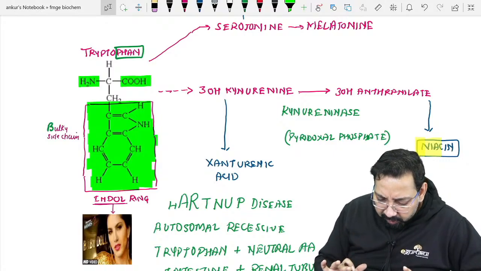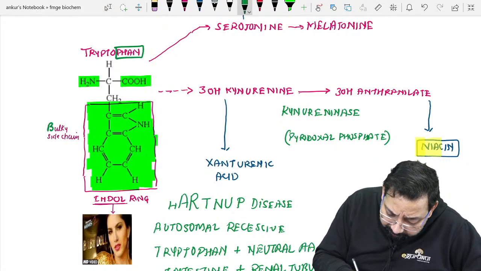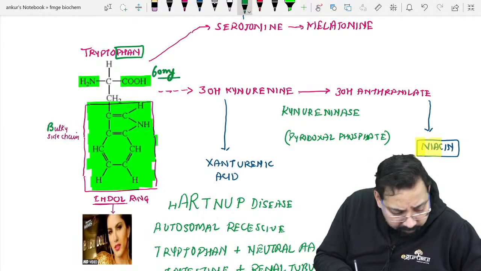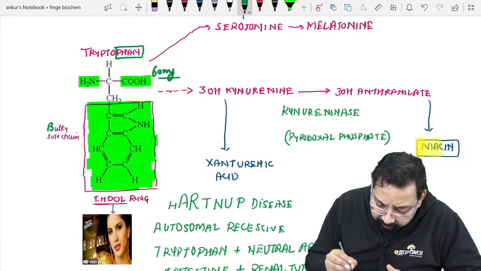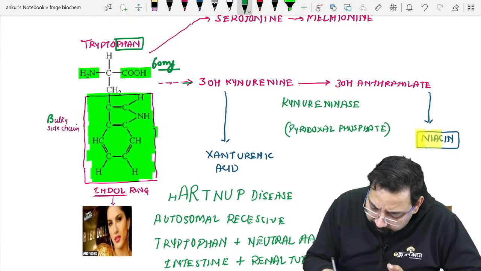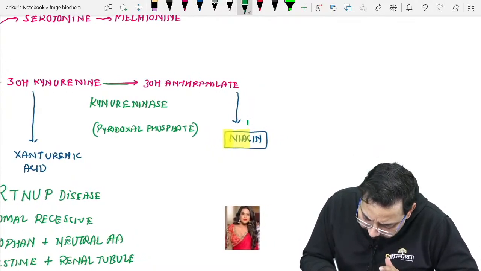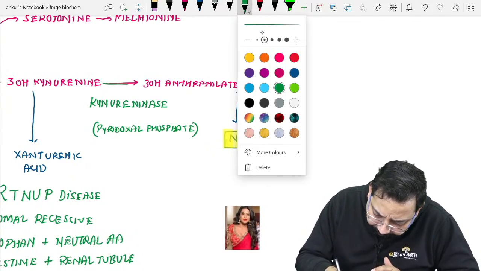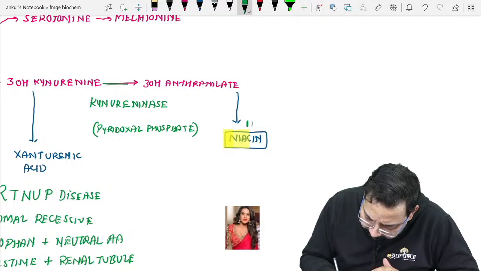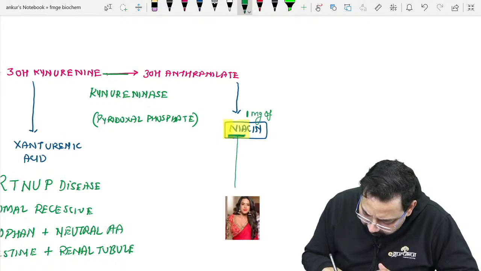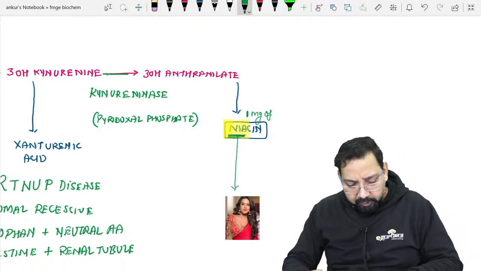For the time being, we found that 60 milligrams of tryptophan give rise to 1 milligram of niacin. I remember niacin as Nia Sharma. Niacin as Nia Sharma.